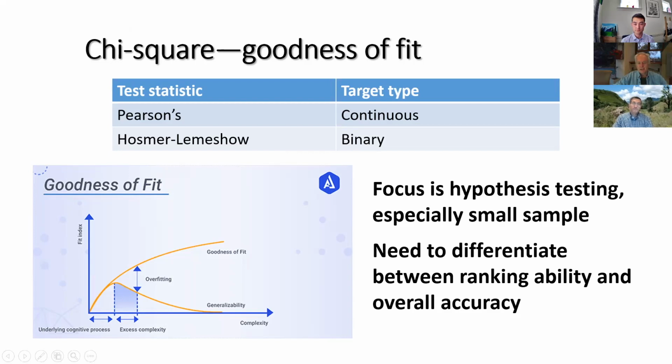But one thing about the chi-square is that the focus is hypothesis testing. These methodologies really came up within small data settings. They aren't really appropriate when you get into big data environments. Chi-square also makes no distinction between the ranking ability and overall accuracy of the model, or at least I don't know how it's done yet. Might figure it out.